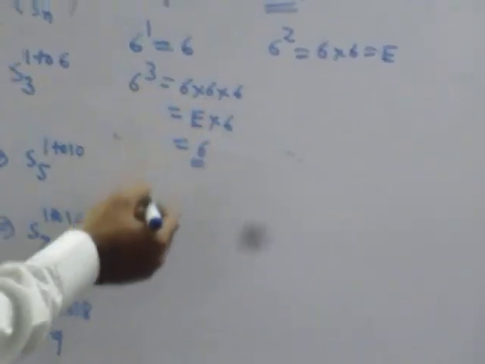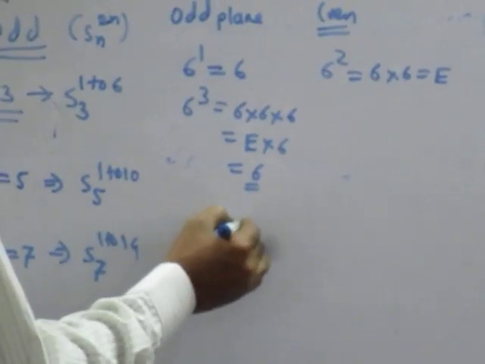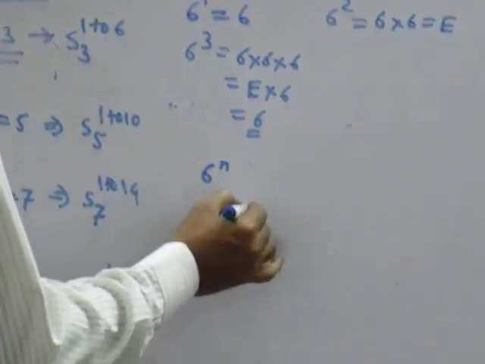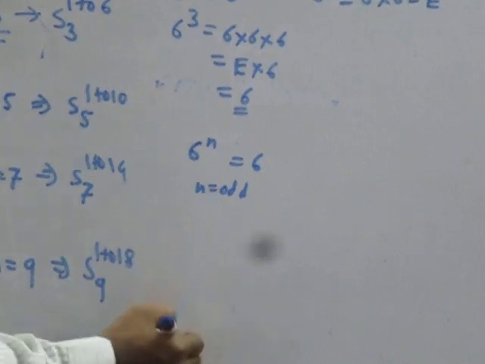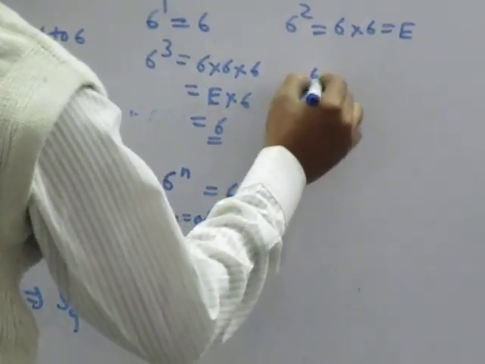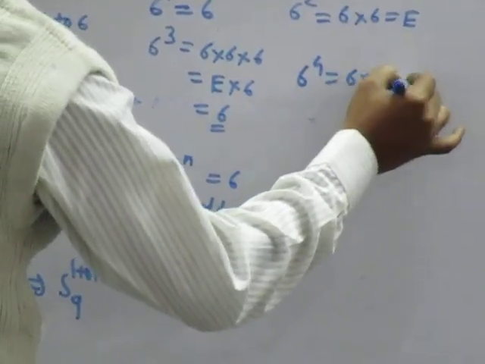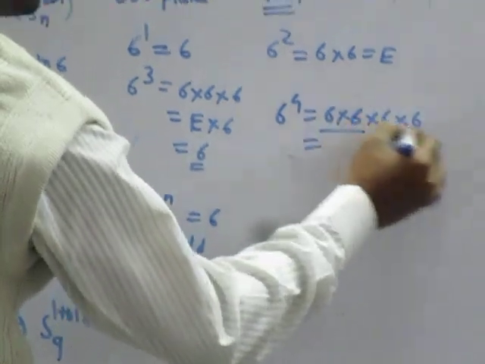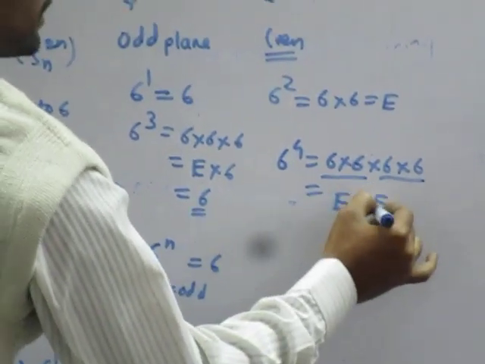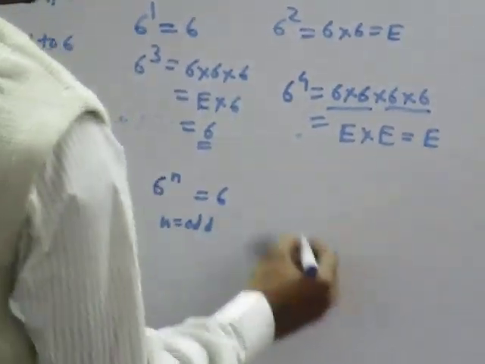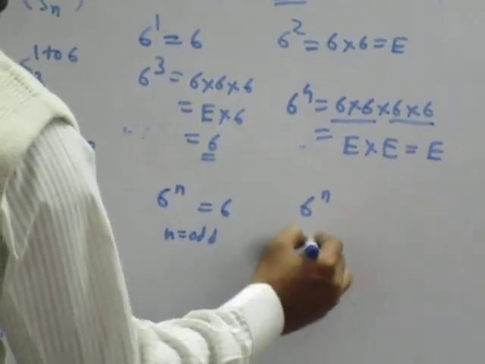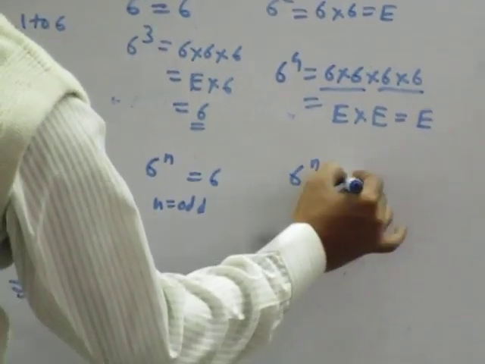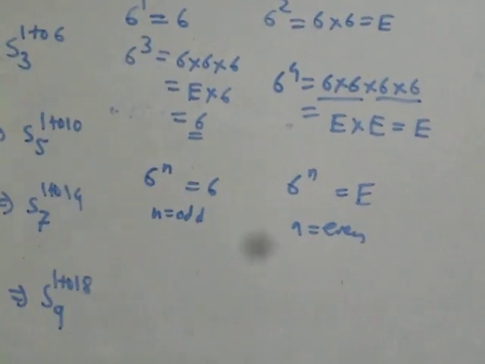For any odd n, sigma n equals sigma. For even n, sigma n should be identity.